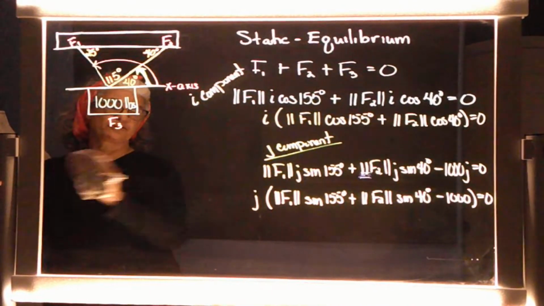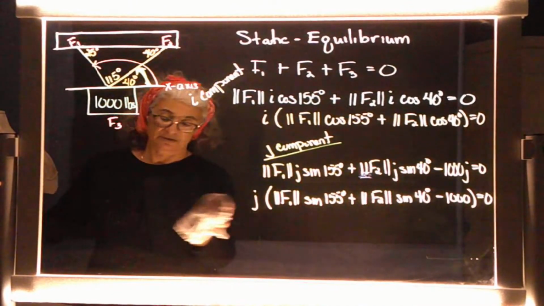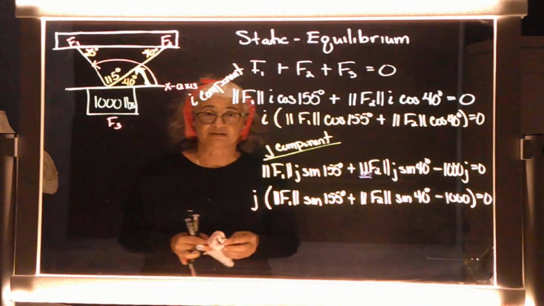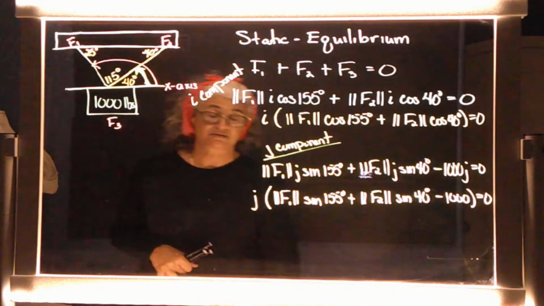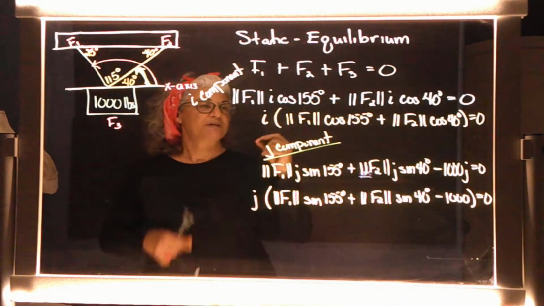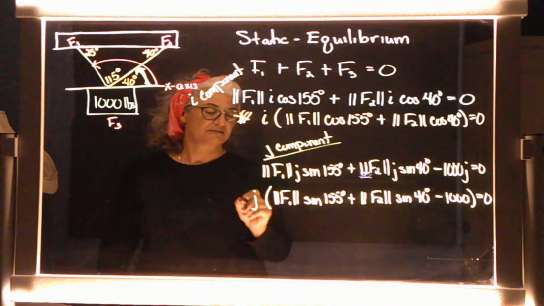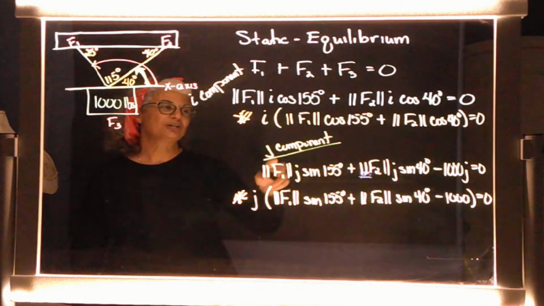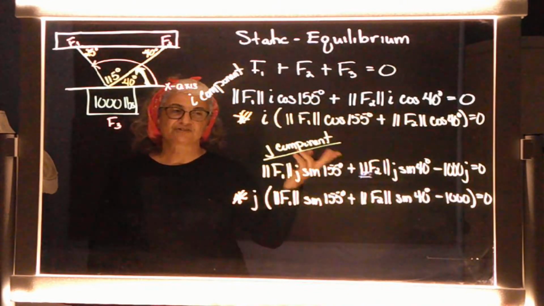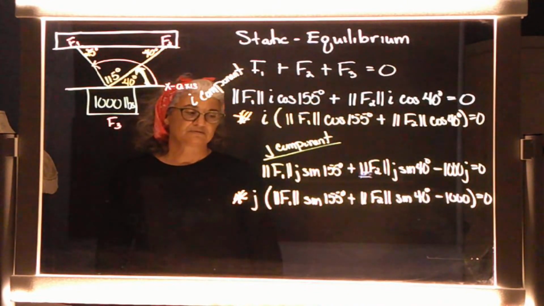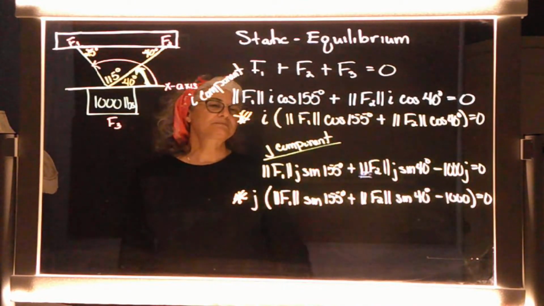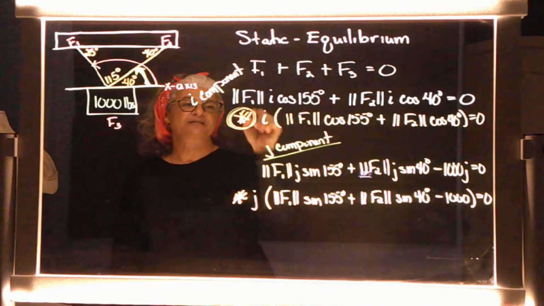So that means we're going to have to use either the substitution or the elimination method in order to solve this. Now, elimination isn't going to work very well because when I take a look at this equation and the second one, how am I going to get the sine and cosine of 155 degrees to even match up? It's not going to work very well. Got it?